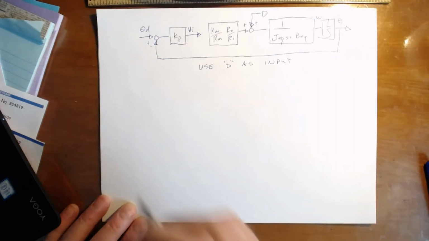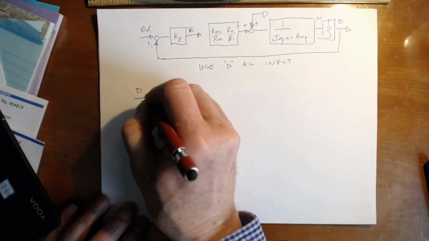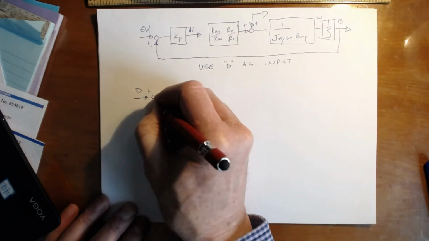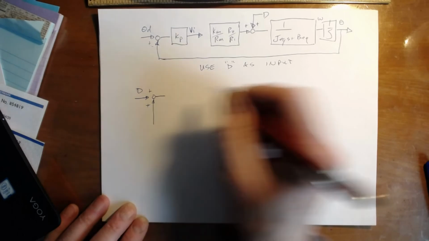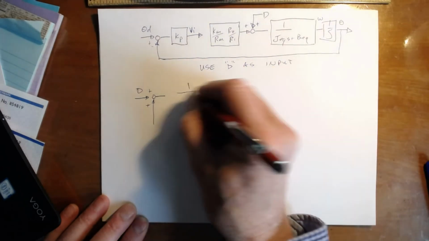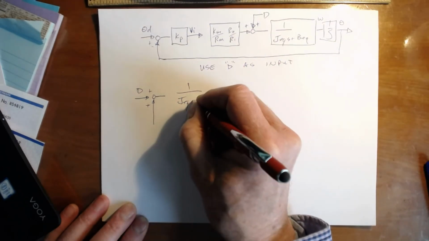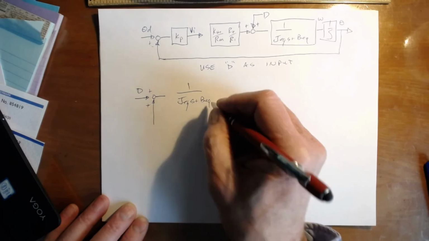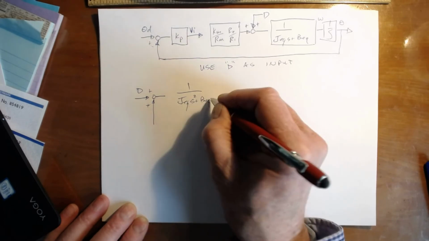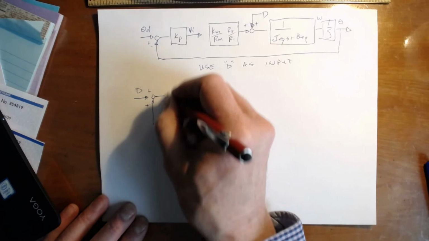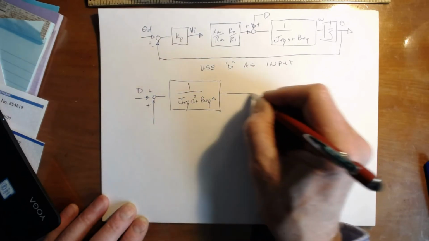So I'm going to start here. D plus, so D plus plus, and then I've got 1 over J equivalent S plus B equivalent. Can I just do S squared in S? I guess I can just do this now. And this is theta.